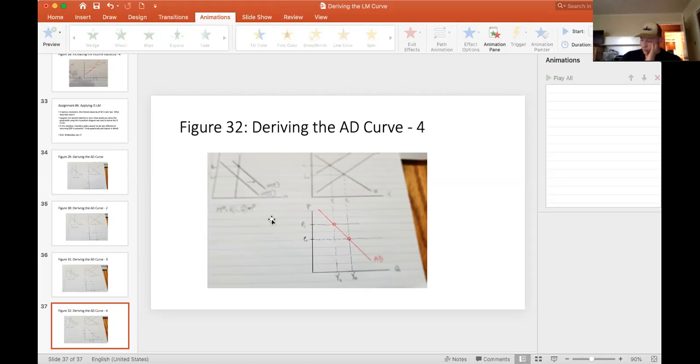All combinations of P and Q where the product market and the money market are in equilibrium, so that we know that every point on AD, EP equals Y and money supply equals money demand. Questions?